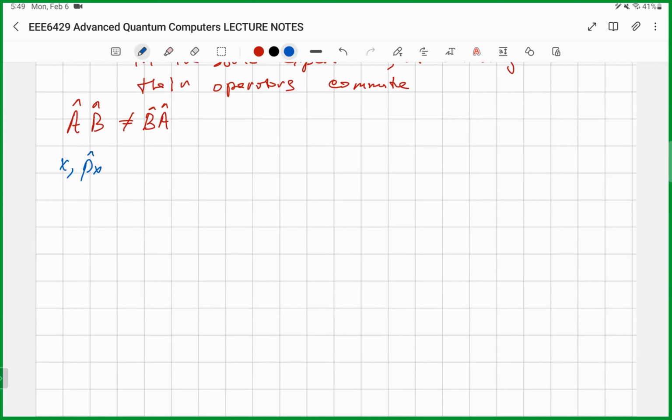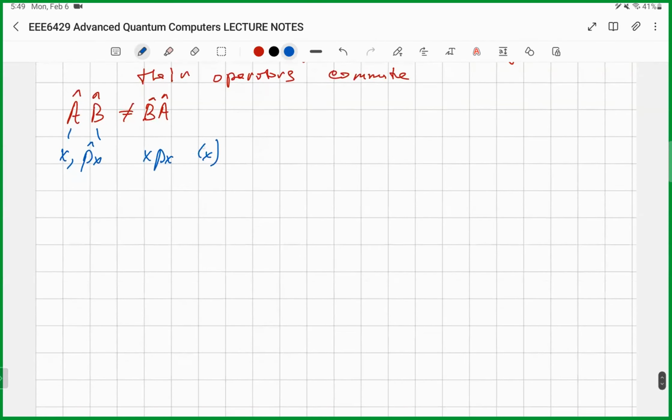In the first case, if A is x and B is px, then I will have x px acting on a function f of x, and the operator px is minus i h bar d over dx.